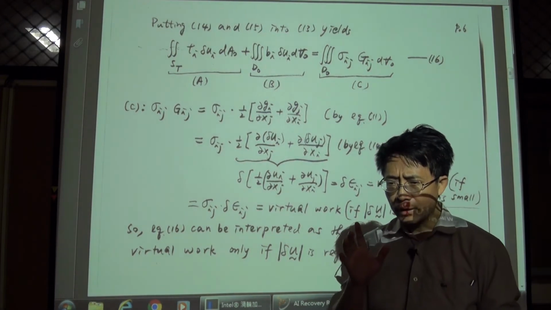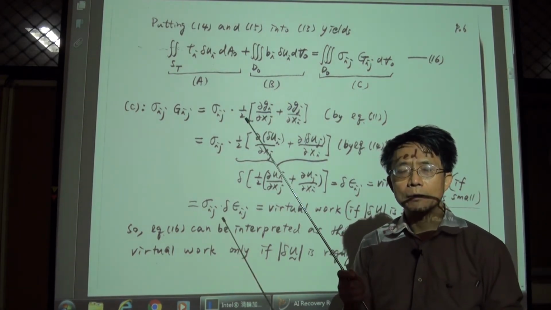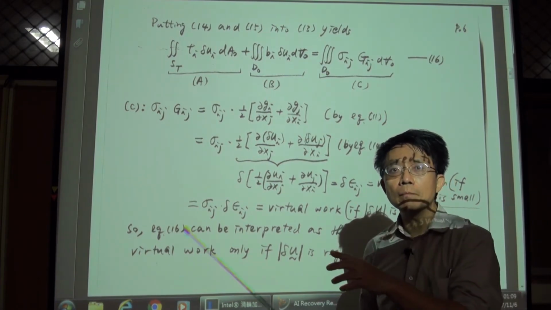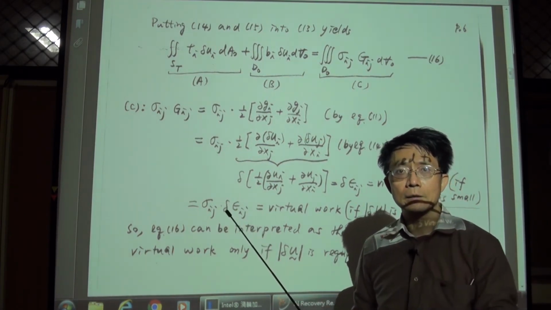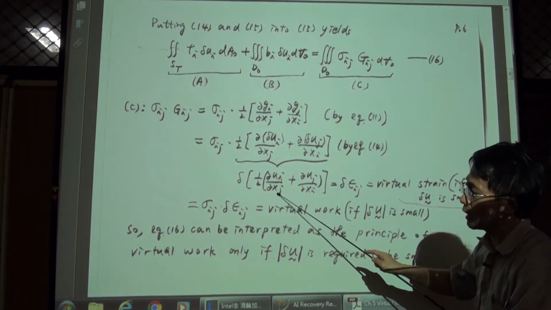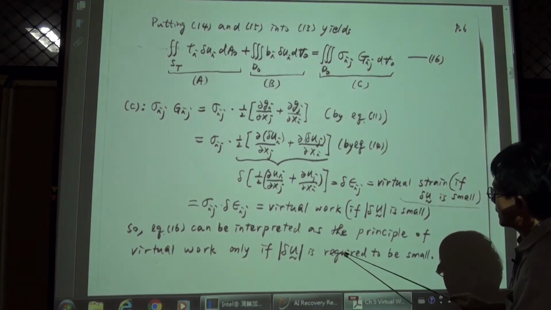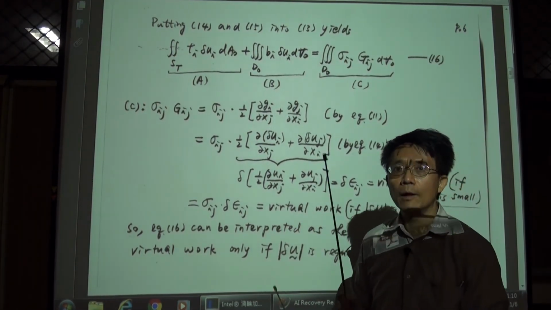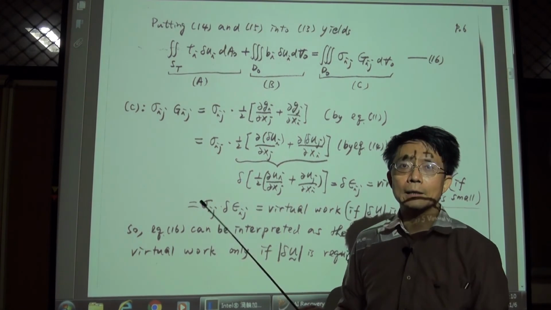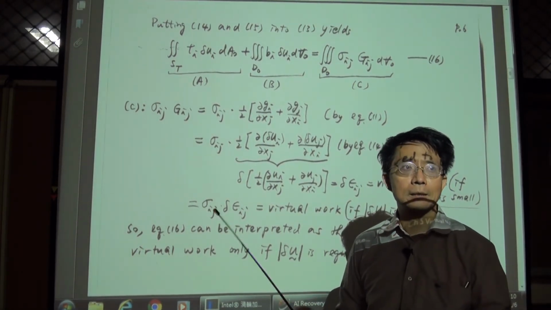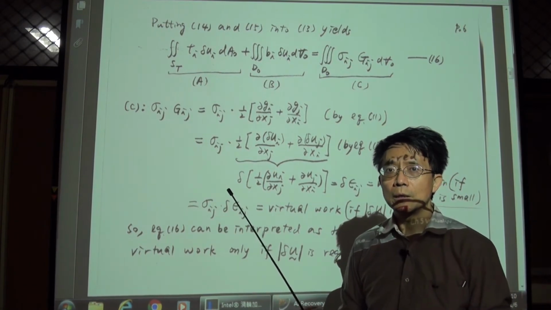The virtual work principle can be applied to deformable bodies and rigid bodies. Here we are talking about the virtual work principle for deformable bodies. In this case, the virtual displacement must be very small. But for the rigid body, we don't care about the strain, because a rigid body doesn't have any deformation.